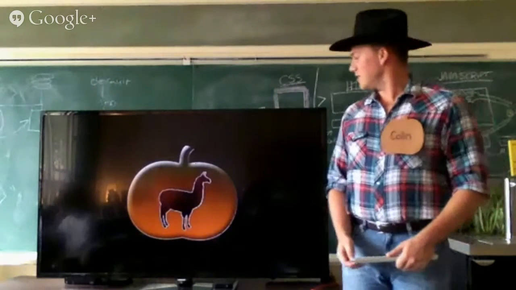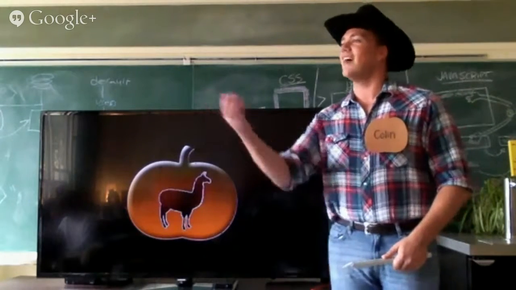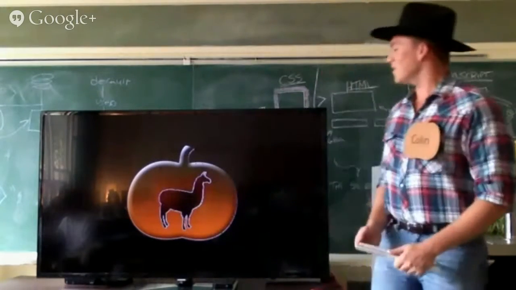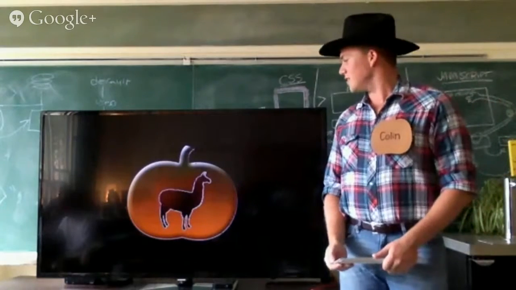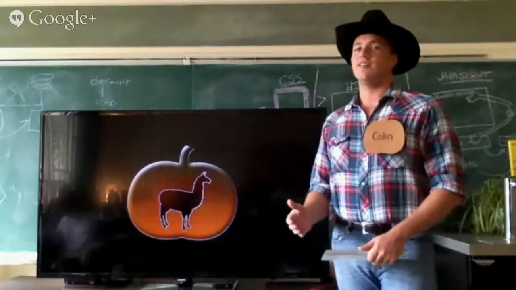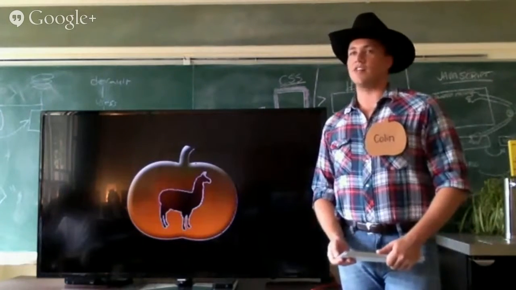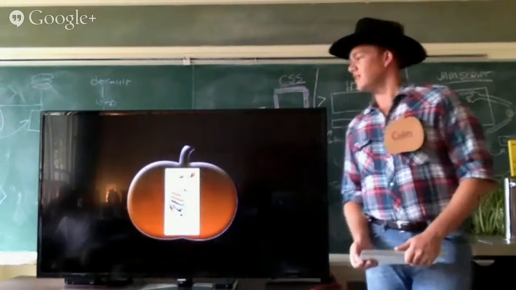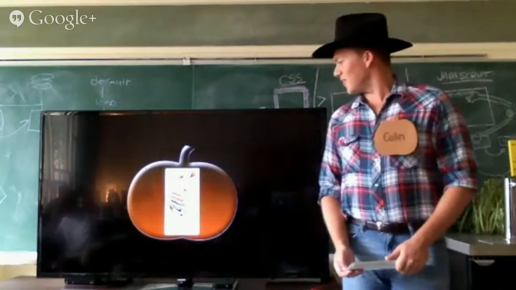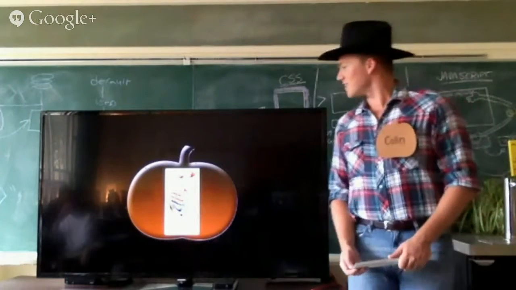Brian loves llamas, and he wants his pumpkin to be a llama. But he's looking for a stencil so that he can put it on his pumpkin, and he's imagining this Mexican pirate llama. The problem is that it's difficult to get stencils like these.